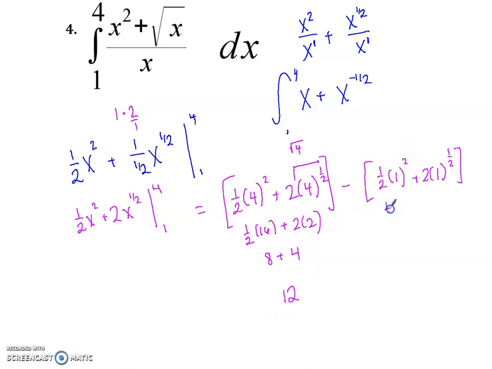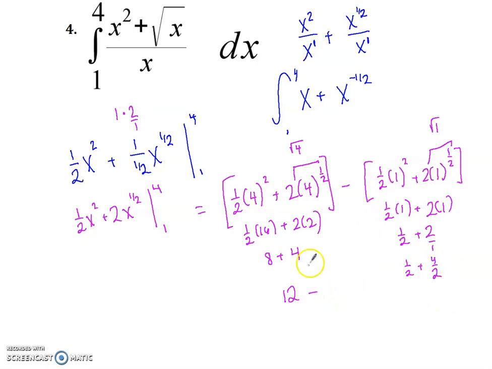Here, 1 squared is 1, so that's just 1/2 times 1. Plus 2 times 1 to the 1/2, which is the same thing as the square root of 1. Square root of 1 is also just 1. So this is going to give me 1/2 plus 2, which is 2 over 1. So that'll be 1/2 plus, multiply by 2 over 2, that'll be 4 over 2.